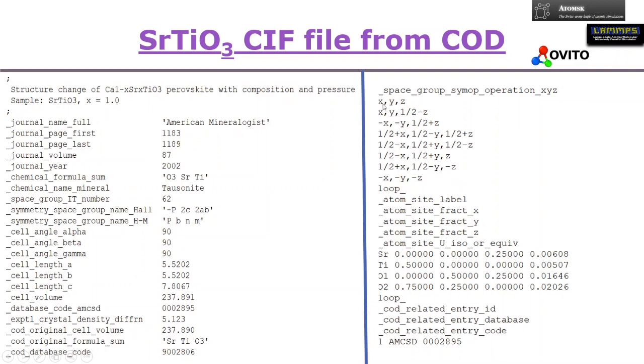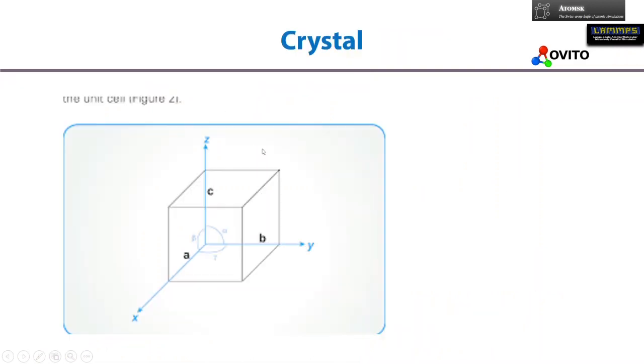This is another important part, showing how the symmetry operations are undergone. This part has x y z, x y half minus z, and you also find another loop here which explains labels, fractional x y z, and isotropic atomic equivalent. All this is in the last part of the CIF file. I will be going through it one by one.